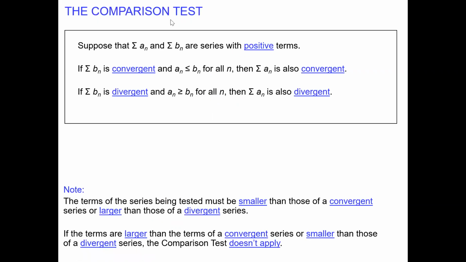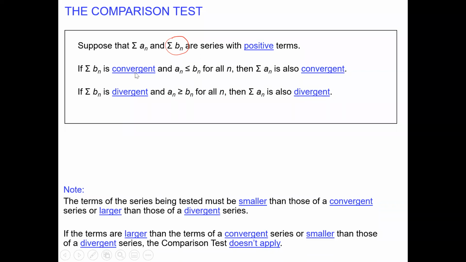And let's look at the summary of this test. Suppose that the infinite series a sub n and b sub n are series with positive terms. Yeah, the same as the integral test, it is also for positive terms. Then, b sub n is usually the new one that we will find, and we will compare our not known one.